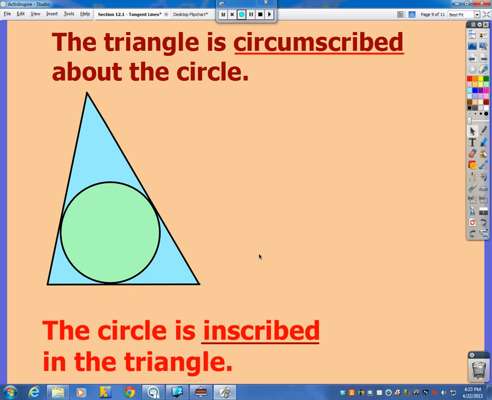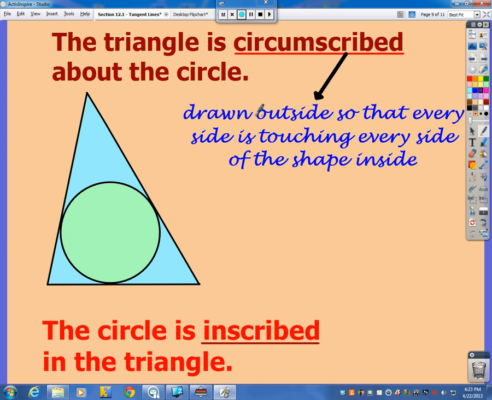Next up on our list, a couple of vocabulary terms which we may have used previously, but I definitely want to emphasize this time. The triangle is what we're going to call circumscribed about the circle. Circumscribed means it's drawn outside so that every side is touching every side of the shape inside.